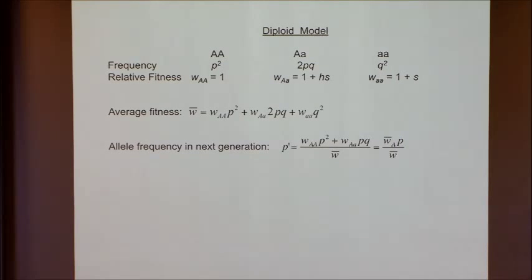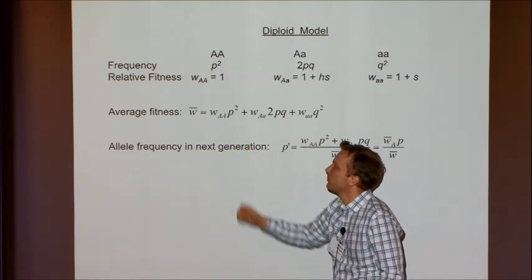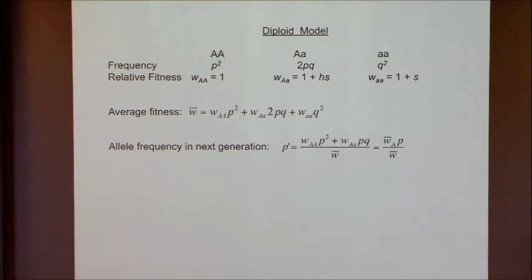So what are these fitnesses? Right now, you can think of them simply as viability, the chance of surviving to the age of reproduction. We can then calculate the average fitness in the population by taking the frequency of each genotype, multiplying by the fitness of that genotype, and summing over all genotypes.